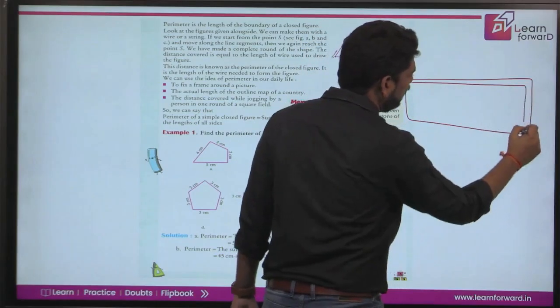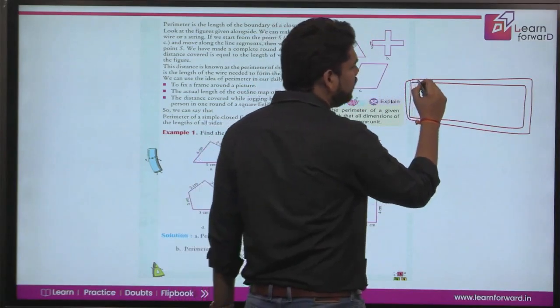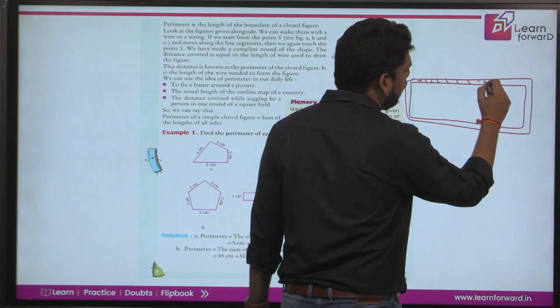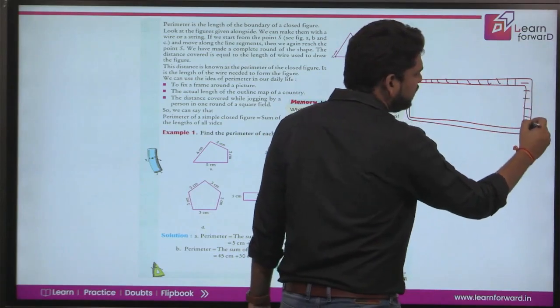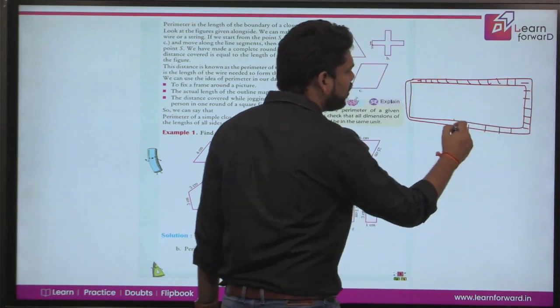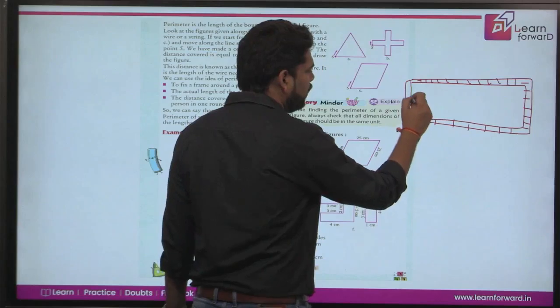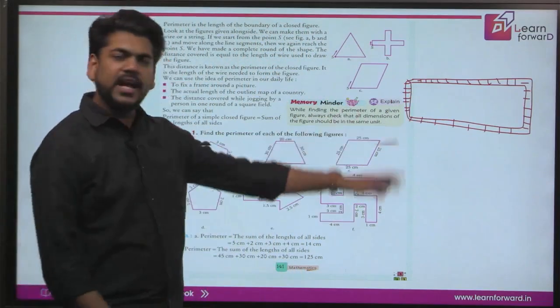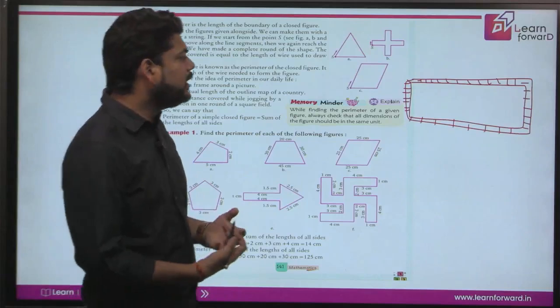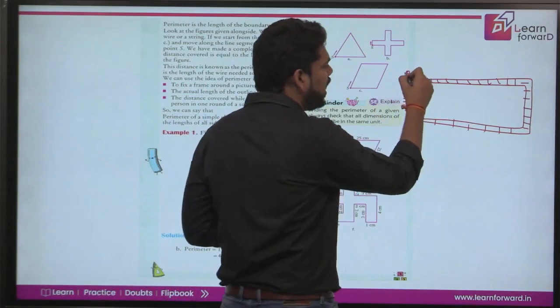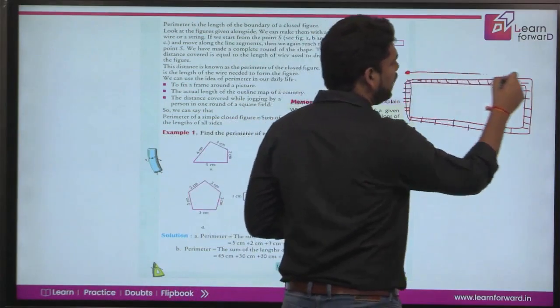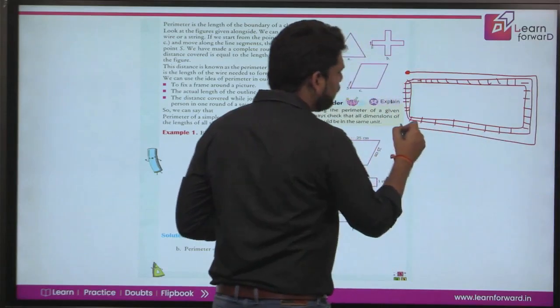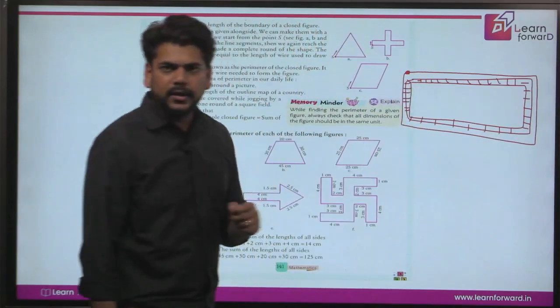You take the round of the park that is made on the boundary of the park, right? This is the pathway for joggers to jog around the park. This is a rectangle shape. What is perimeter? Perimeter is the total length of the boundary.